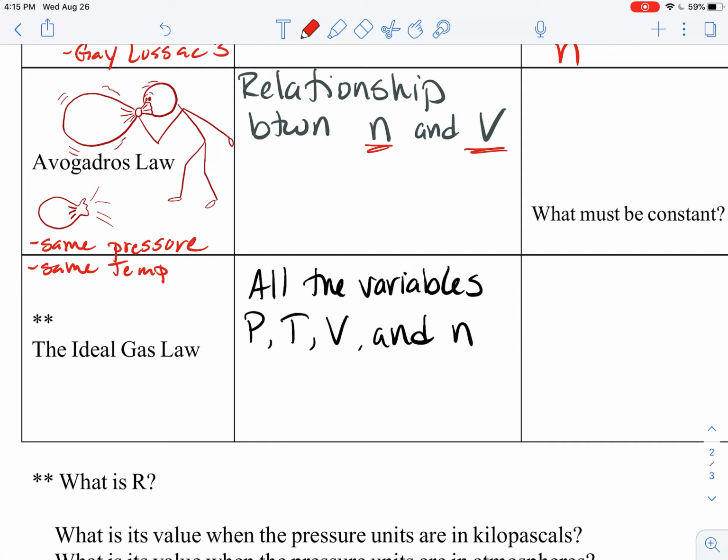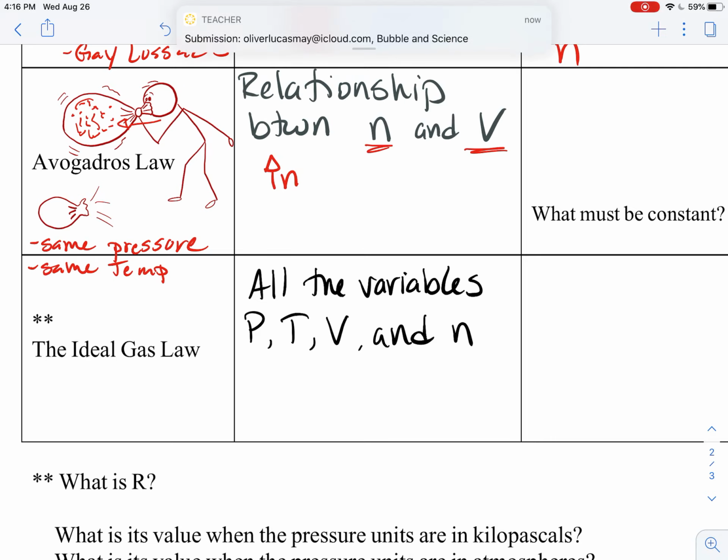So you can imagine that when you are blowing into a bag or into a balloon, you're increasing the number of actual gas particles inside because you're blowing gas into it. And as you blow gas into a flexible container like this bag or like a balloon, then your volume is also going to increase.